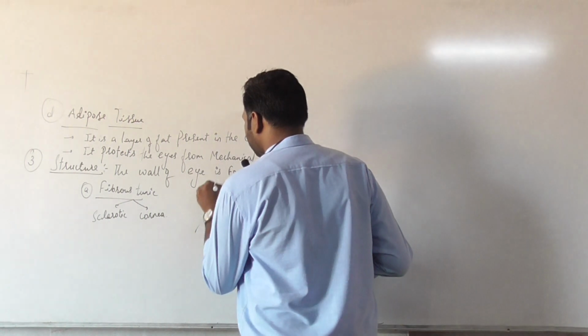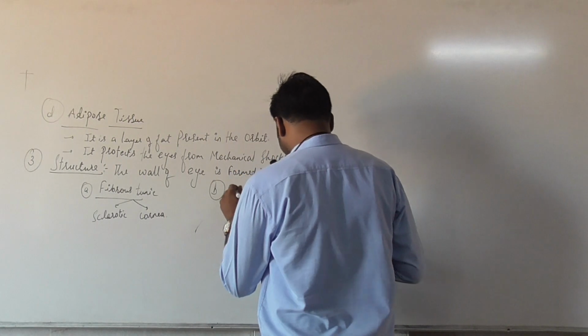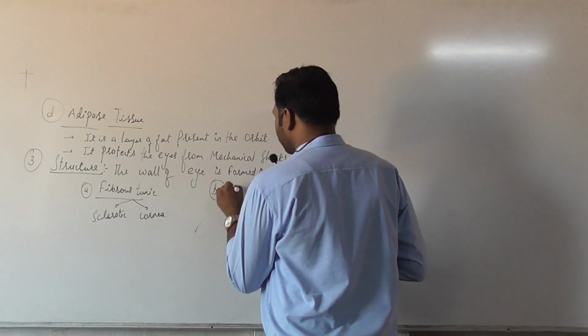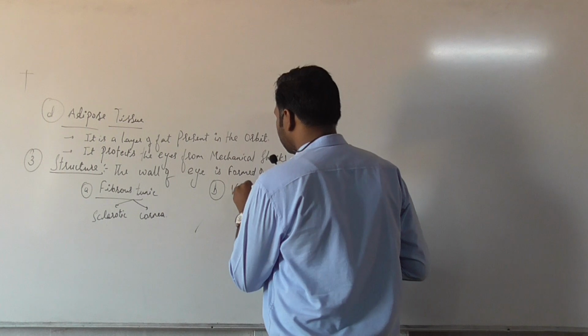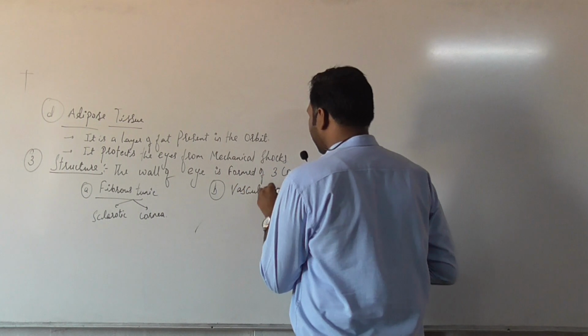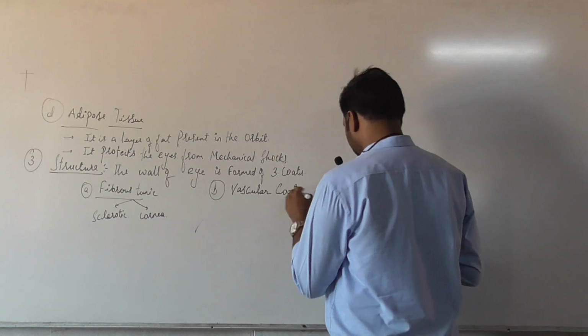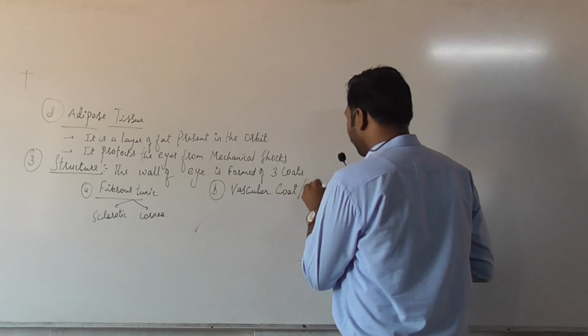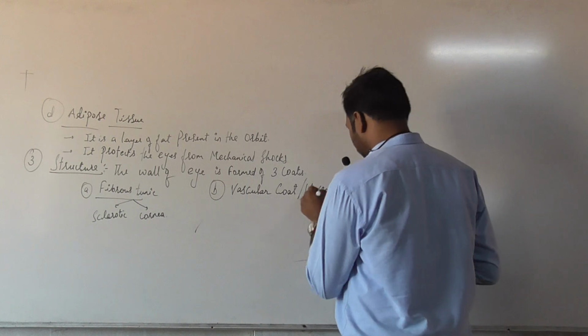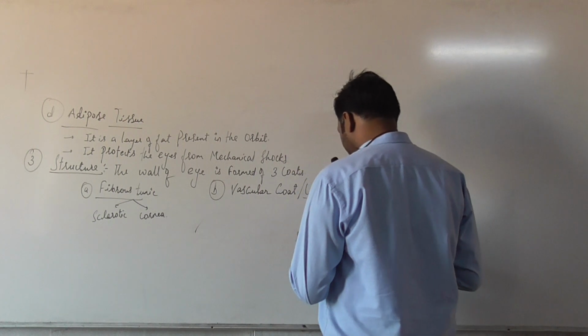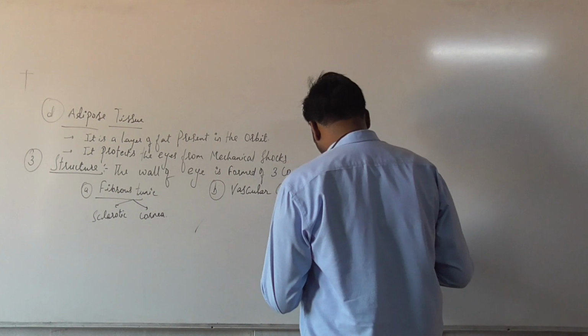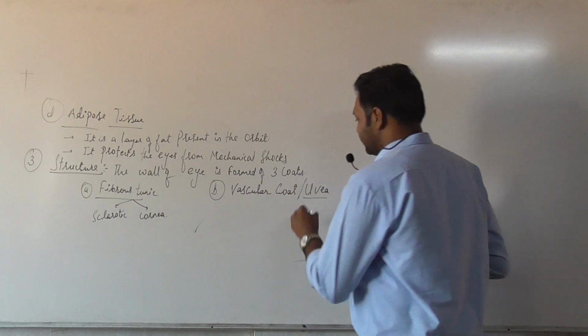Second, that is the vascular coat, or uvea. Now this vascular coat is composed of three parts.